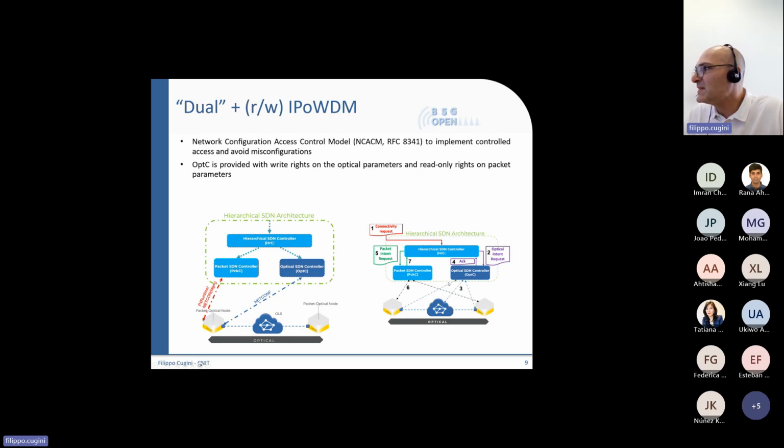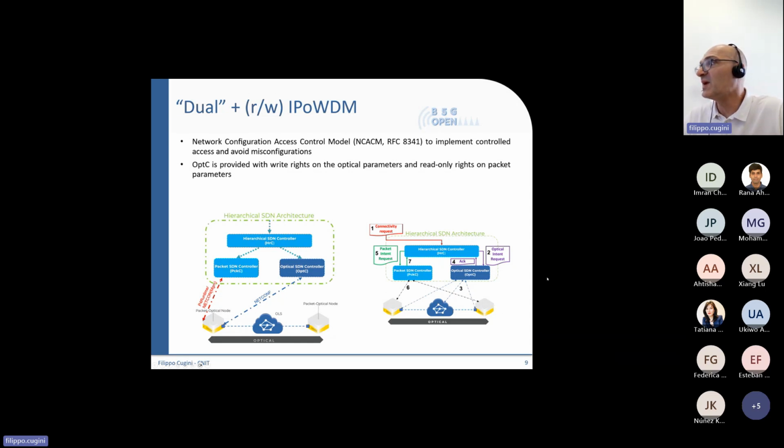It can be immediately configured end-to-end, including the transponders in the transceivers here. And then, when this is acknowledged, the hierarchical controller pushes down the request for the packet connectivity, and so the IP connectivity is configured, and at that point the link is physically up, so the network is up.